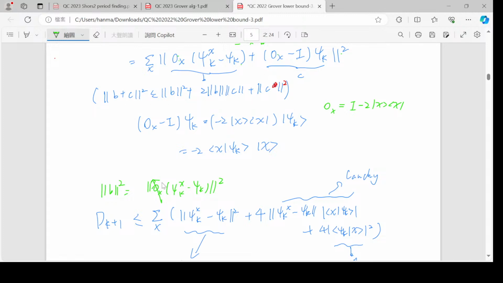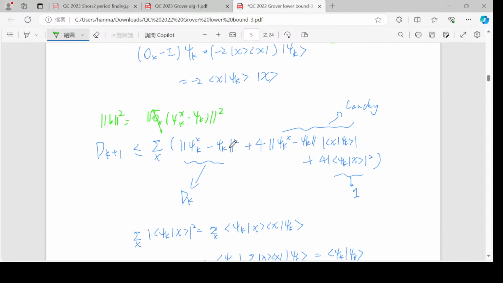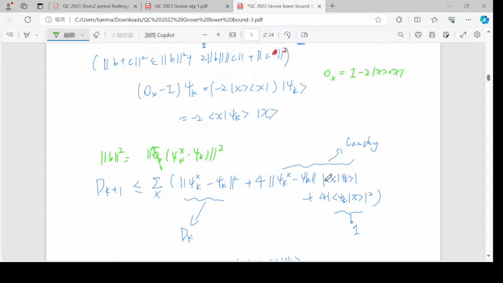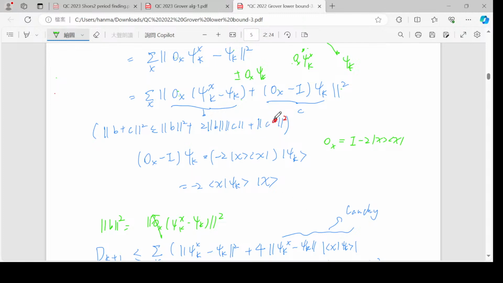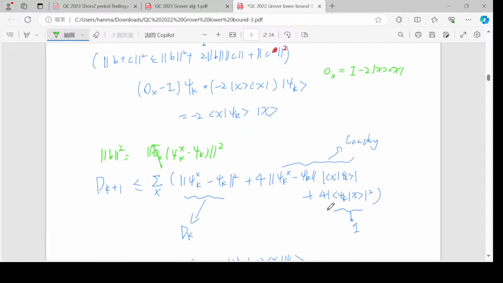So B squared is this thing, then you sum over x, and this is d_k. B is psi_xk minus psi_k, and C is this thing here. When you take the norm on this thing, you get a 2.